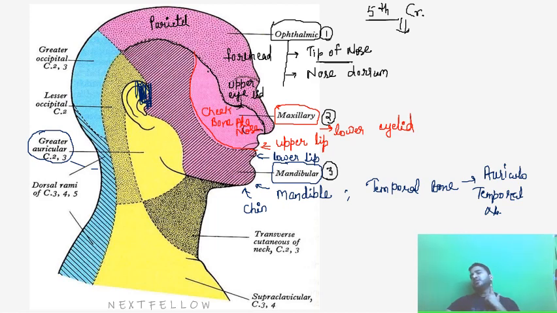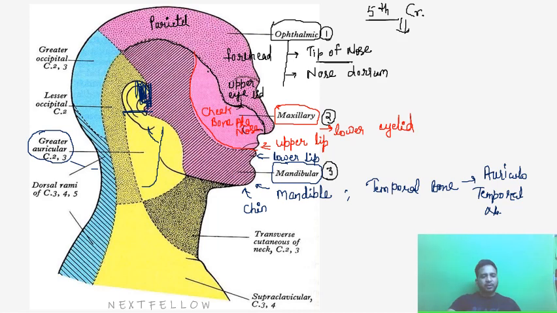The greater auricular nerve arises beneath the sternocleidomastoid muscle, and it runs like this, giving one anterior branch and one posterior branch. This posterior branch is supplying the lower half of the external pinna. So the lower half of the external pinna is supplied by the greater auricular nerve, and the anterior branch goes inside the parotid tissue.